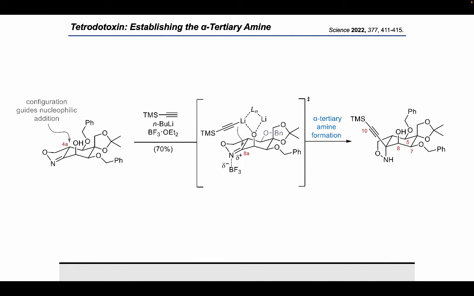At this point, the stage was set for our next key step, the formation of the alpha tertiary amine. It turned out that our retrosynthetic considerations were spot on, and this reaction worked very well for lithiated TMS acetylene. Here, it's worth noting that this addition was significantly aided by the C4a configuration that was incorrectly set with regard to tetrodotoxin.